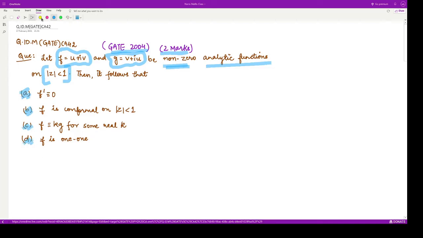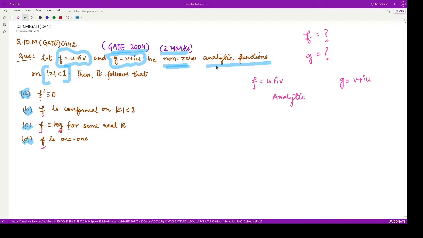So for that, our approach should be, we are given these two functions, f that is given to be u plus iota v and g that is given to be v plus iota u, and they both are given to be analytic. So now if we somehow know about these two functions, that means if we are able to calculate what is f or what is g, we can answer these questions which are based on the properties of the function f and the function g, right?